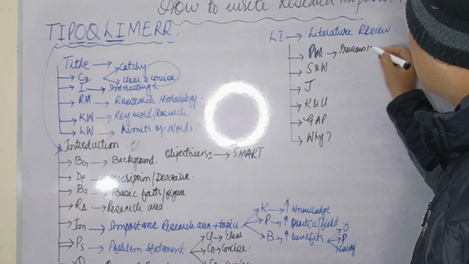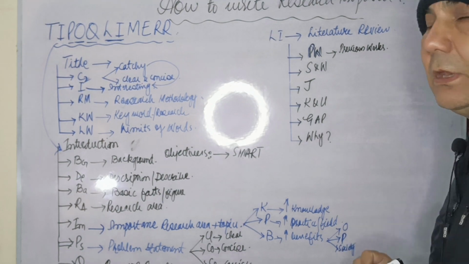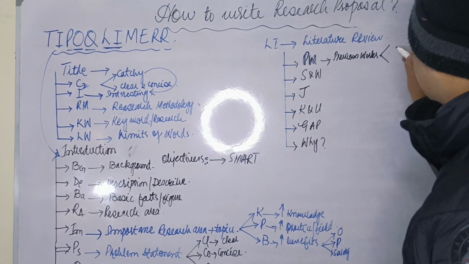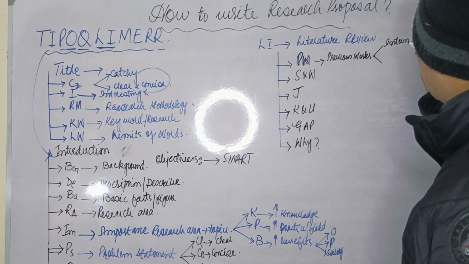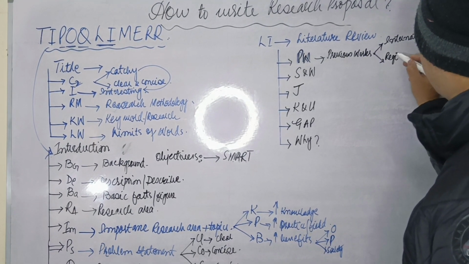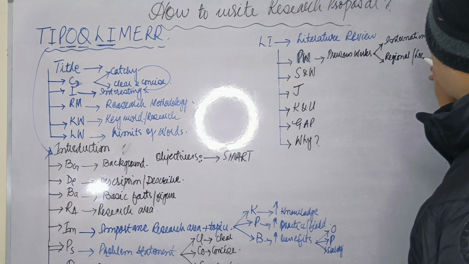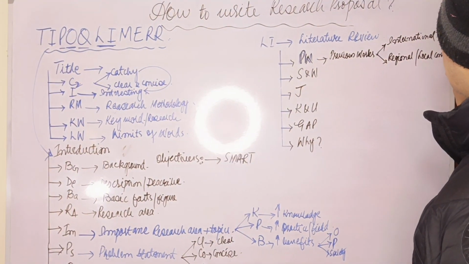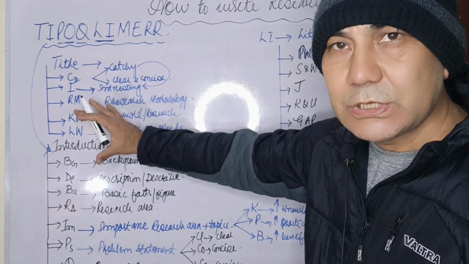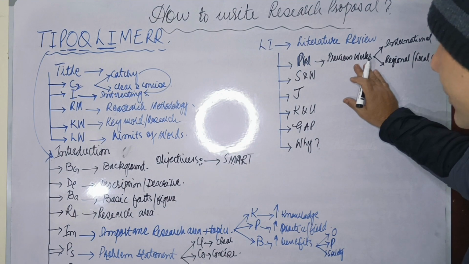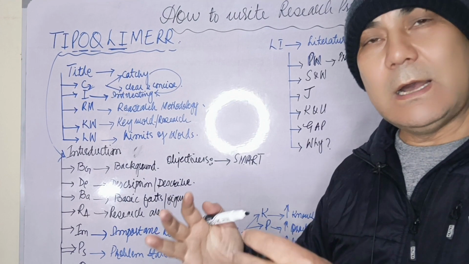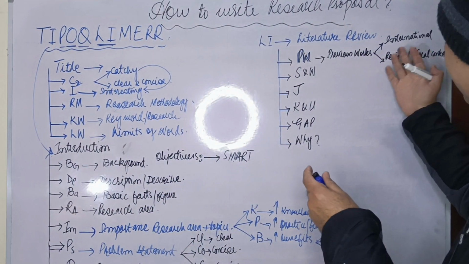What previous work has been done on your research area, on your research topic by others, at the international level and at the regional or local context level. You will first go to find out and write down the previous work that other researchers have done.